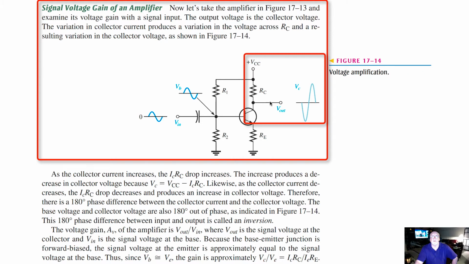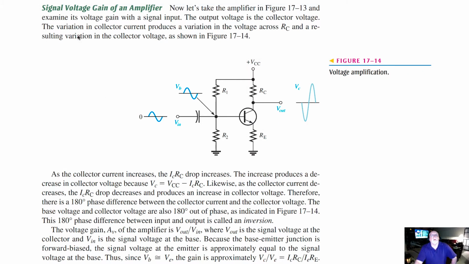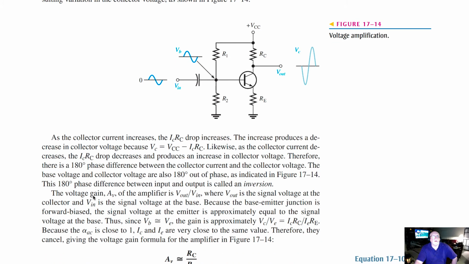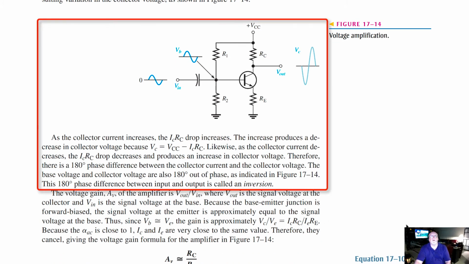Okay, so there we go. As the collector current increases, the I sub C RC drop increases. The increase produces a decrease in collector voltage because V sub C, small c, is equal to VCC minus I sub C RC.